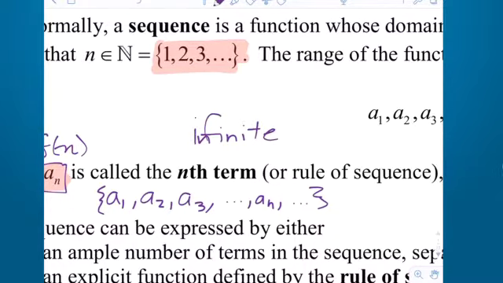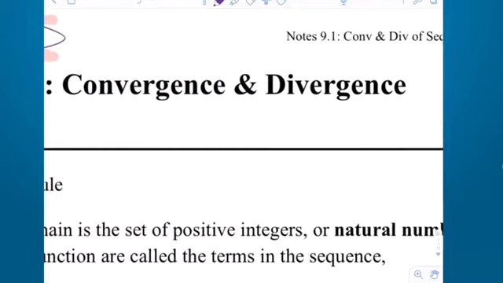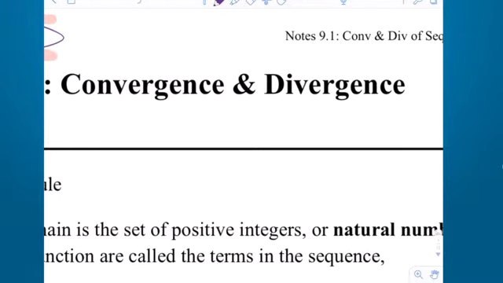So that's what we're going to be concerned with: infinite sequences, things that go on forever and ever and ever. And we are going to concern ourselves with whether or not these sequences do what? Guess what? Converge or diverge.